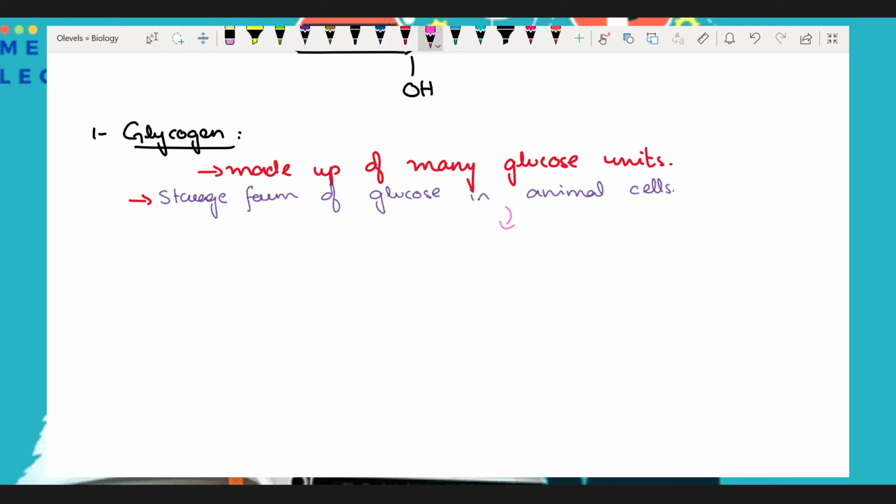Now, what happens inside the human body when the body needs to store glucose? It is stored in the glycogen form, which is also called the inactive form of glucose, right? This happens especially in the liver and muscles. Is that clear?